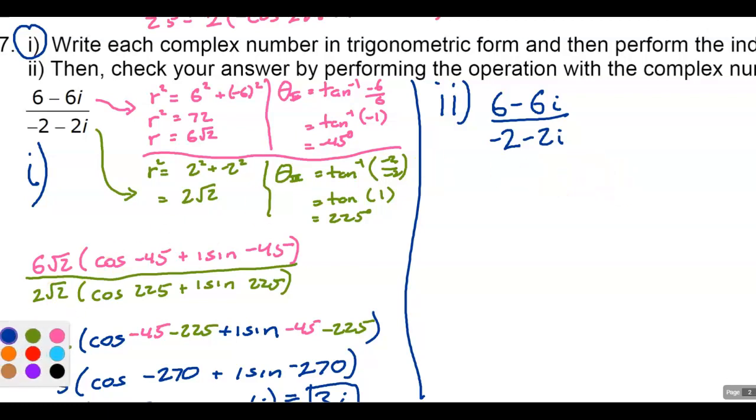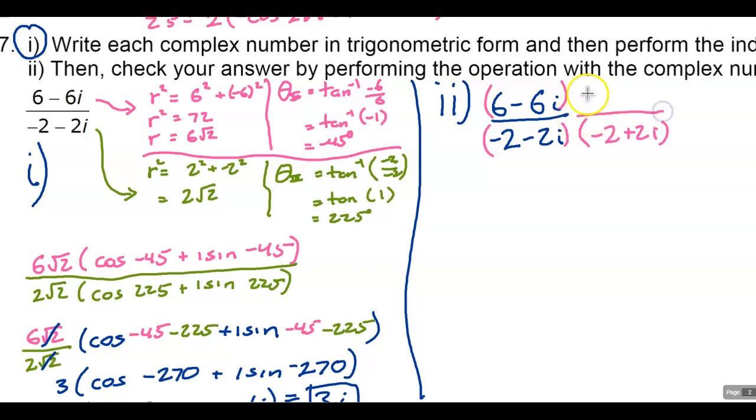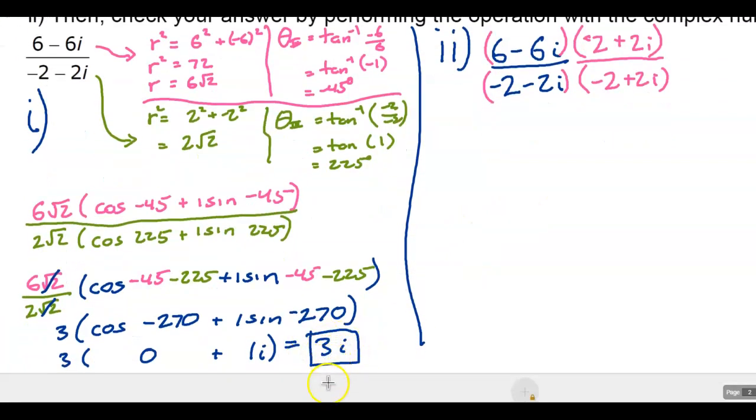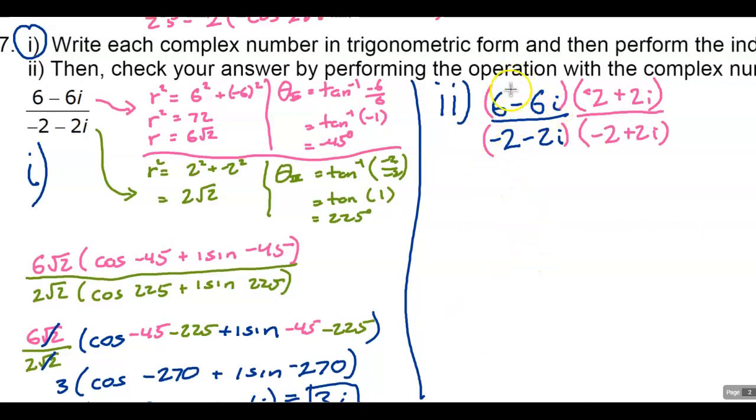Alright, so conjugate time. Let's do some parentheses. And we're going to multiply by -2 plus 2i. Alright, so just got to be careful on our details and we should be fine, and our hope is it comes out to the same as our first part.